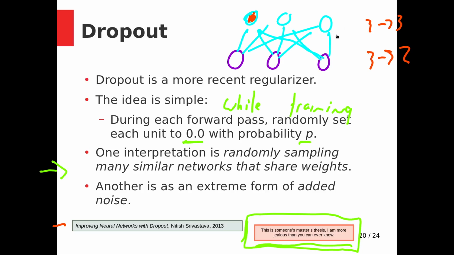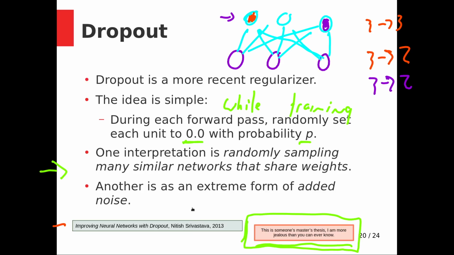And likewise, if you shut this one down but leave this one on, that is the same as sampling a different 3-to-2 network in an ensemble that shares a bunch of the same weights with the other two networks. That's how the original author thought of it, as an extreme form of sampling an ensemble of networks that share weights. Another interpretation is that Dropout is just an extreme form of noise.